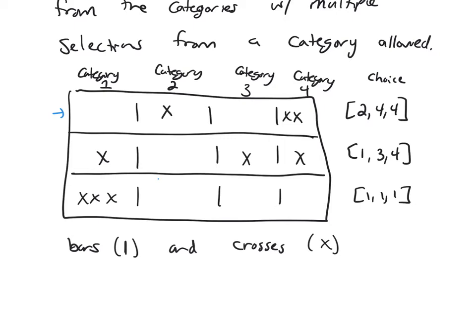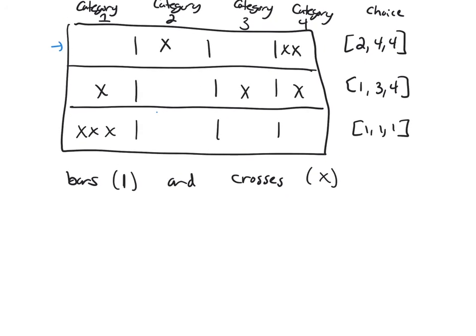So I can look at this as arranging these symbols, these crosses and bars. For example, if I had X, X, bar, bar, X, bar, well, this first part tells me how many I have in category 1.